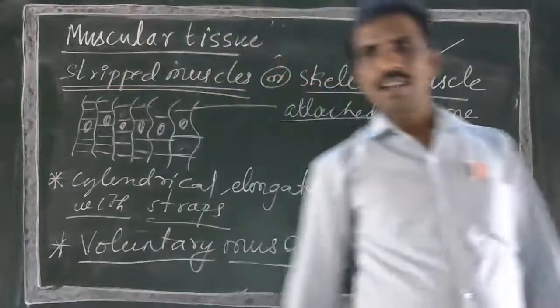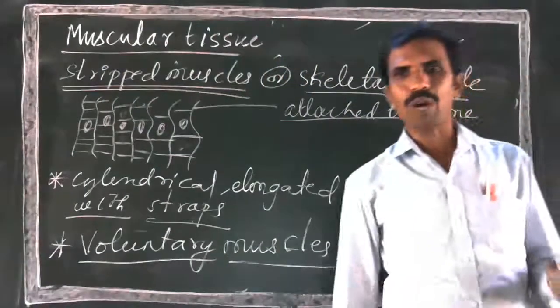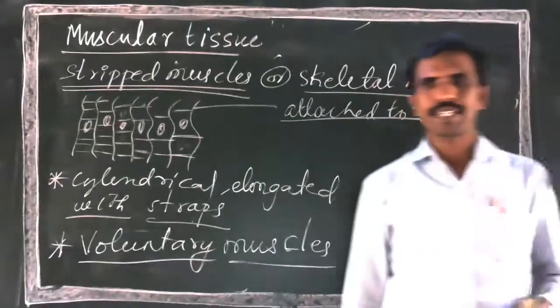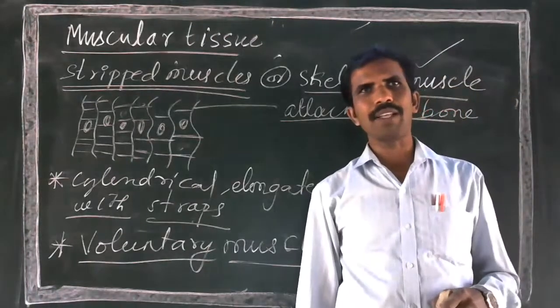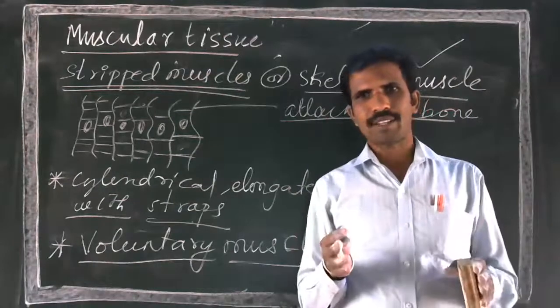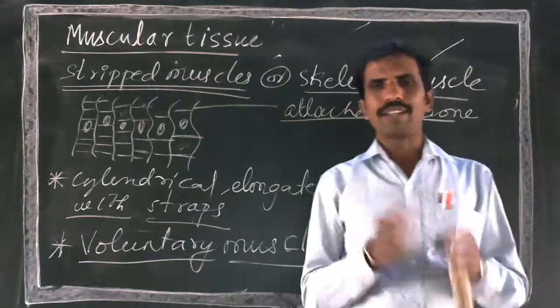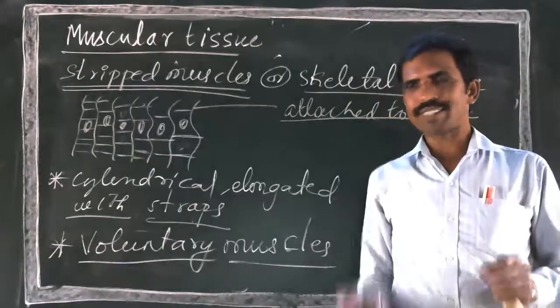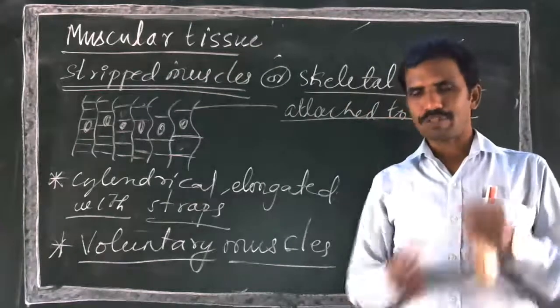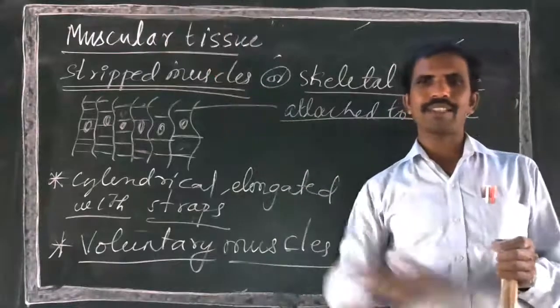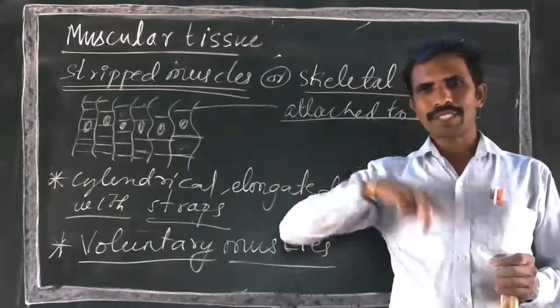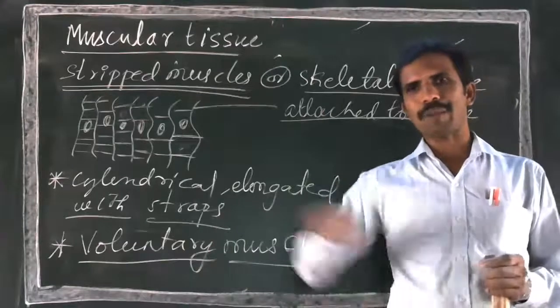Because they carry out the voluntary activities of the body. Voluntary means which are controlled by us. See, I am kicking a football. It is in my control. I will put force on the football and the football moves a certain distance. How much strength I am putting, how much force I am applying, that depends on the individual.